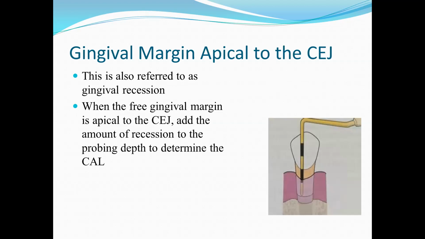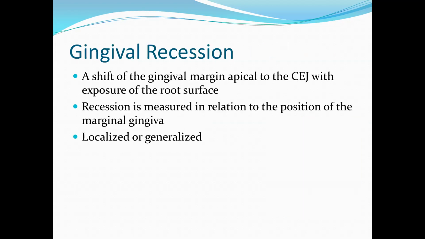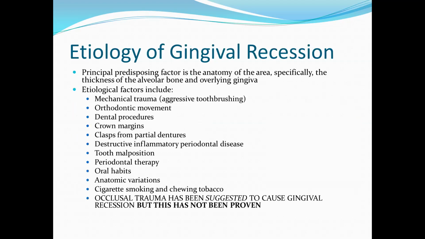We've seen these pictures before. You're adding the recession to the probing depth. The shift in the gingival margin apical to the CEJ, okay, that's recession. Can be localized or generalized. And again, that CEJ is your fixed point.